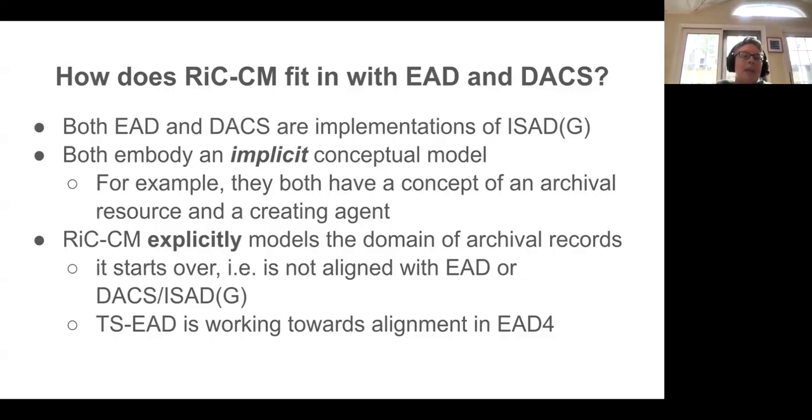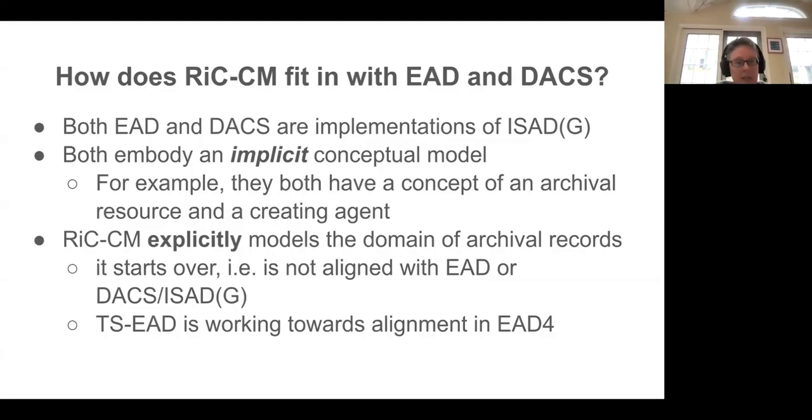And RiC-CM took a step back from that and now explicitly models the archival domain. And in the process of doing that, it basically broke some things. It starts over. So it's not fully aligned with what our descriptive records are in now with EAD or with ISAD(G) and DACS being an implementation of ISAD(G).